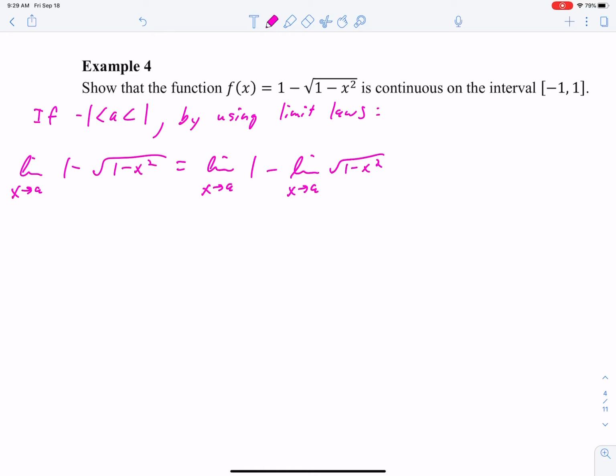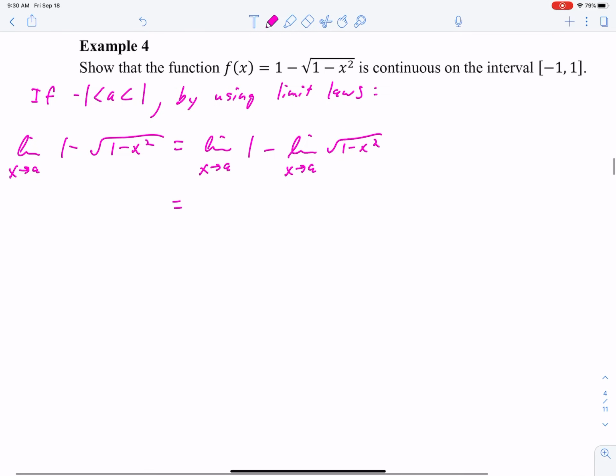All right, so let's keep using limit laws. Well, we know this one, don't we? 1 is a constant function, so the limit as x approaches a of the constant function 1, doesn't matter what a is, for all x values this function value is 1.